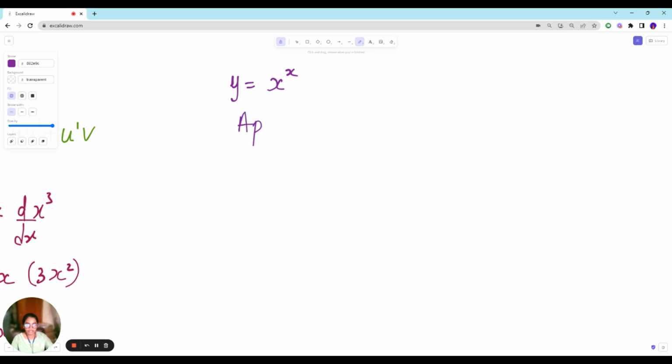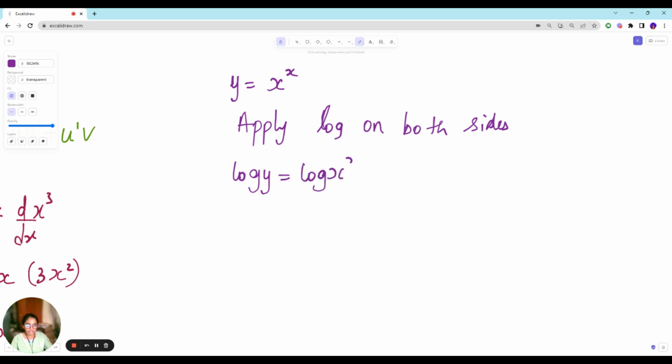I'll apply log on both the sides. What will I get? I'll get log y is equal to log x to the power x.